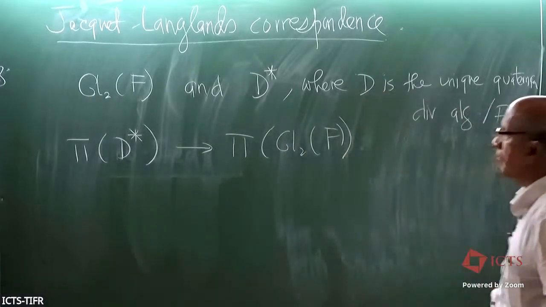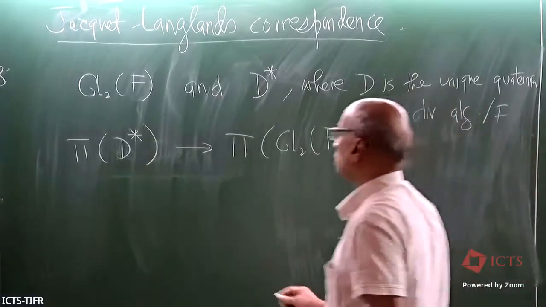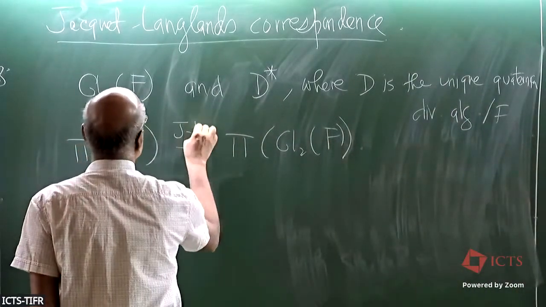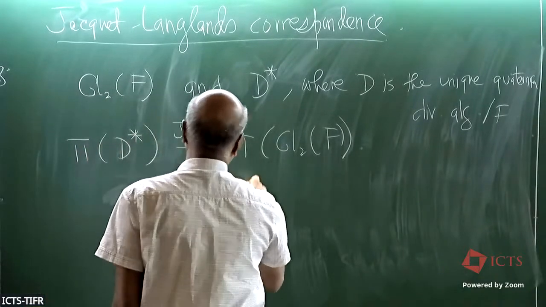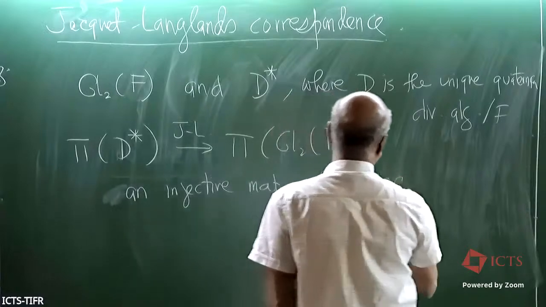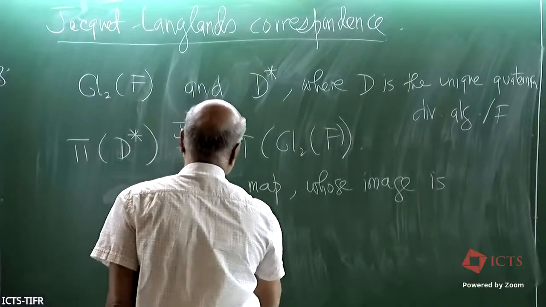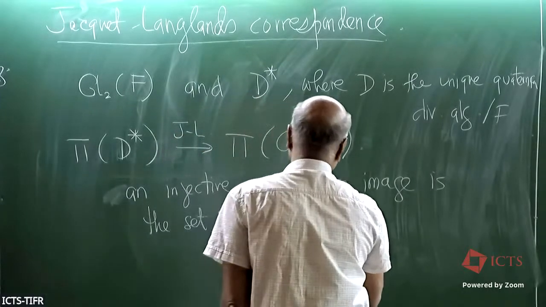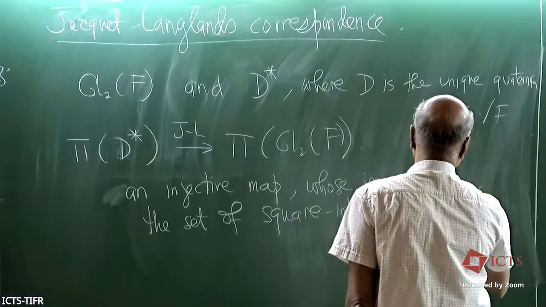This mapping is injective, and its image is the set of square integrable representations of GL2F.